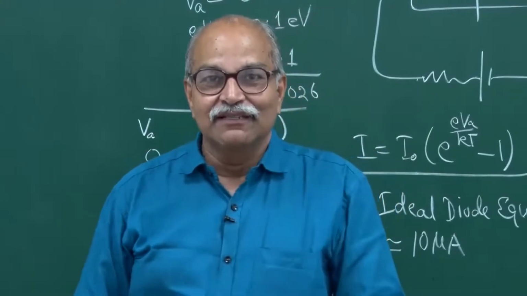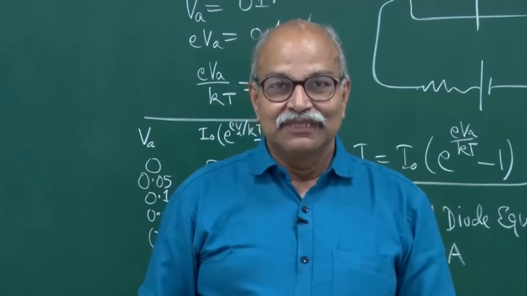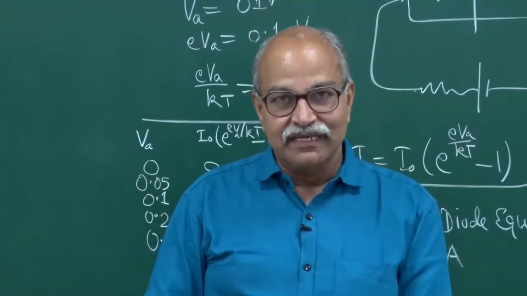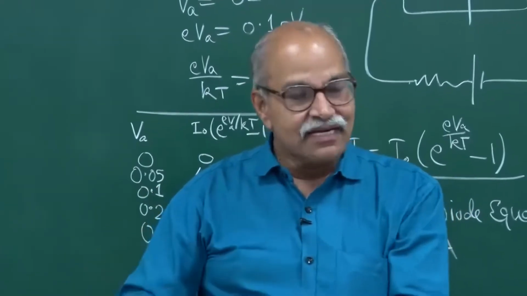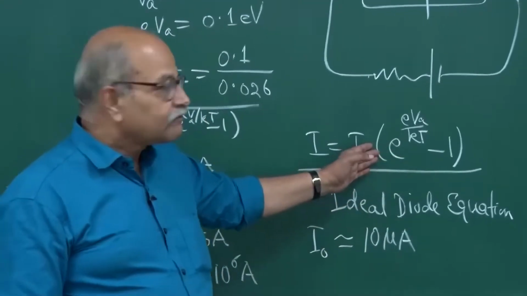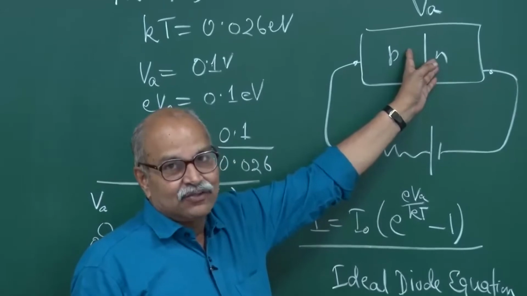So that will be like a short circuit. So the actual voltage which is applied across the junction is much less than that, and in that limit this equation is usable. Okay. Of course, the diode itself has some resistance to offer.